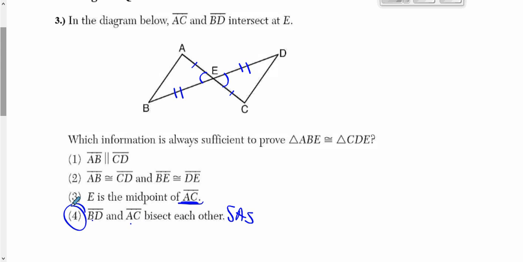I want to look up here. How about number 1? Would number 1 get our triangles congruent? Parallel? Well, wouldn't that make these angles congruent because they're what? If we make parallel lines cut by a transversal, those would be what angles?